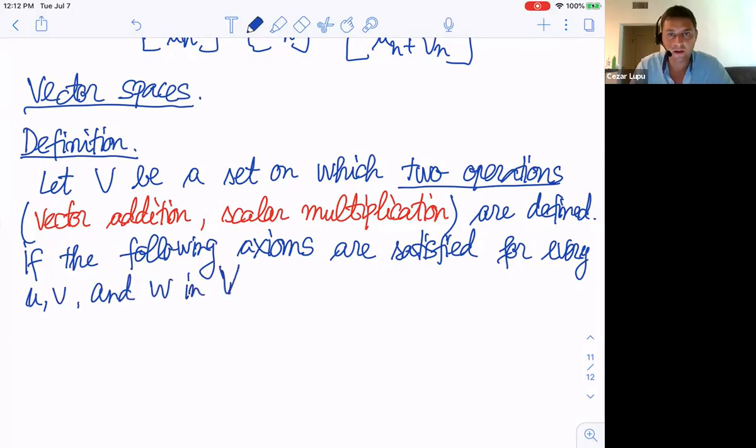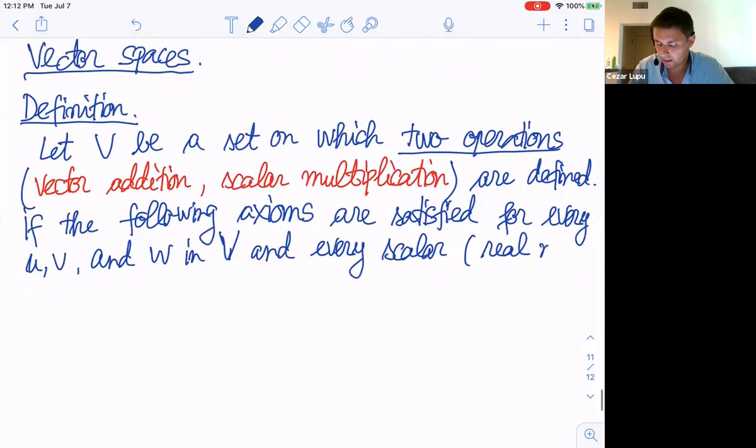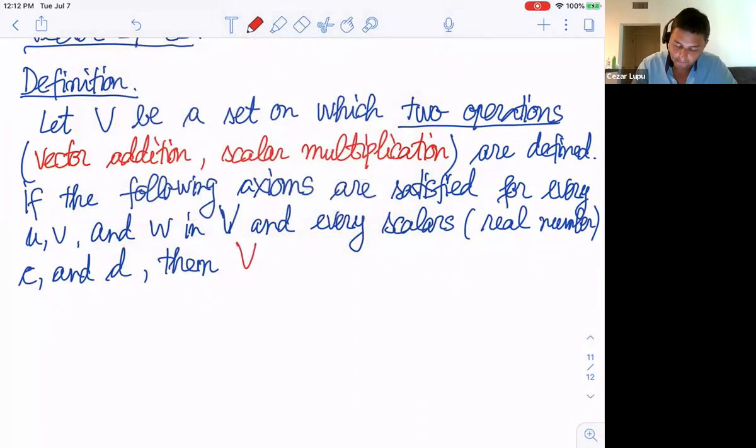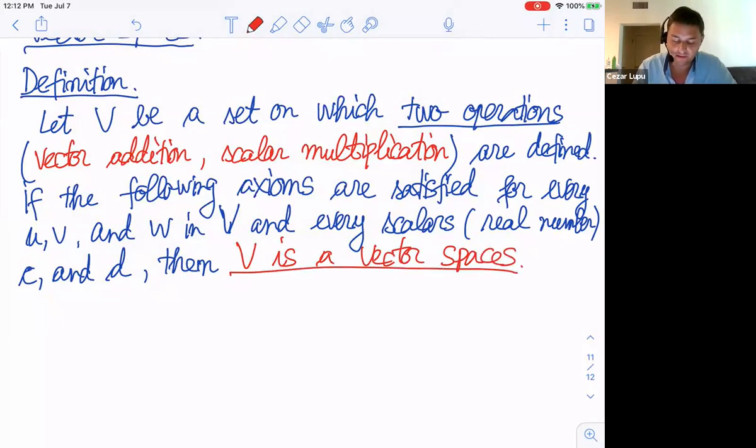So I have these three vectors in V, and every scalar, and when I mean scalar here, I mean real number. It can be a complex number as well, but let me keep this real number. And every scalars C and D, then V is a vector space. So under these axioms, this set V is a vector space.